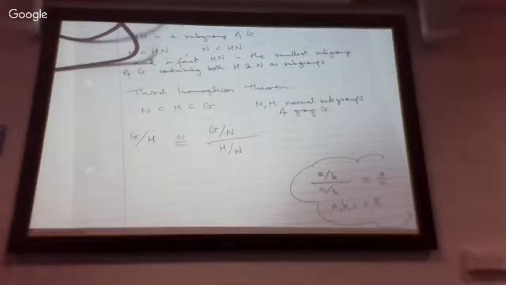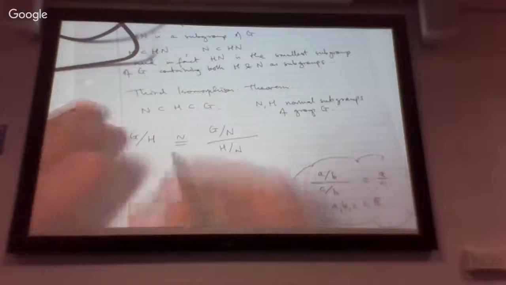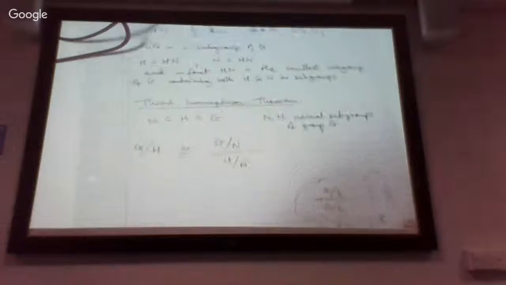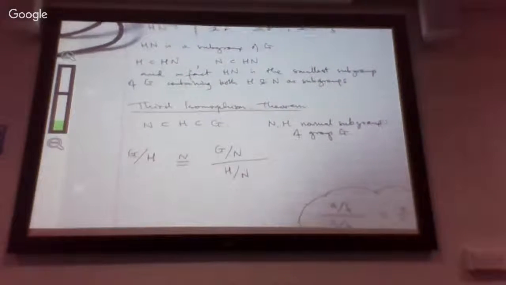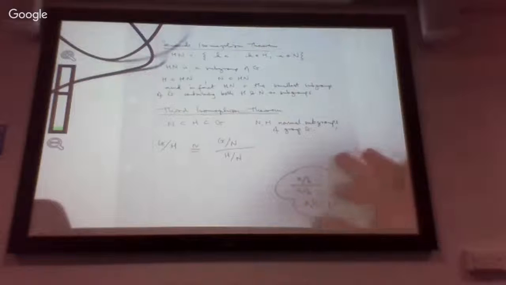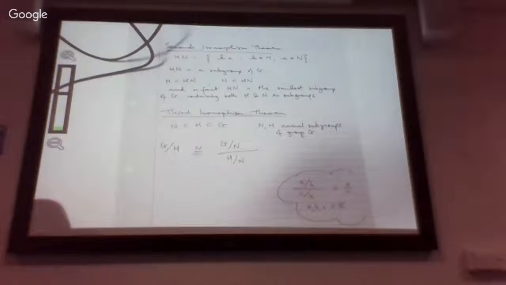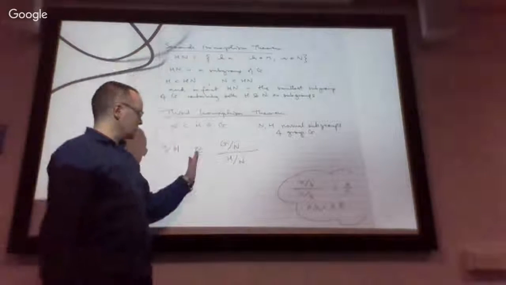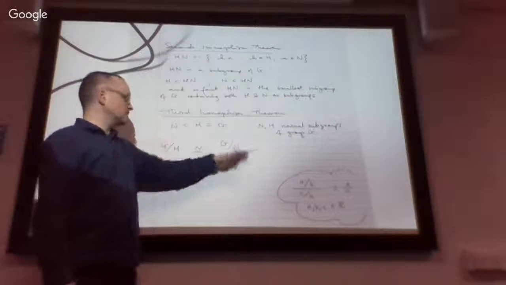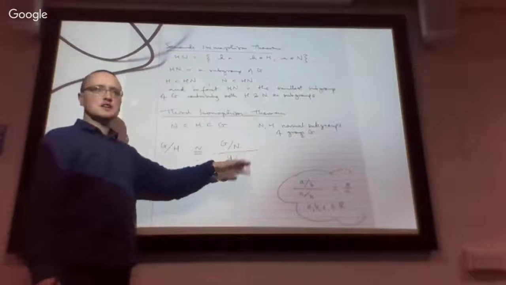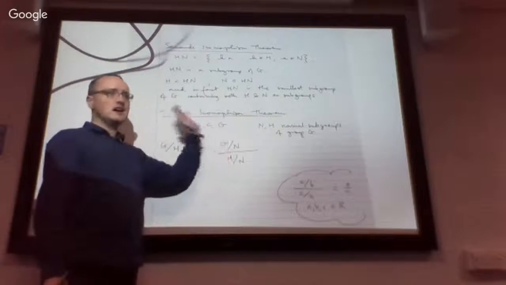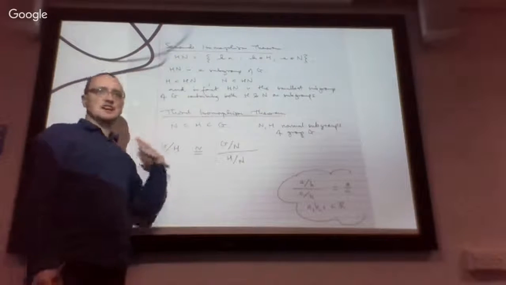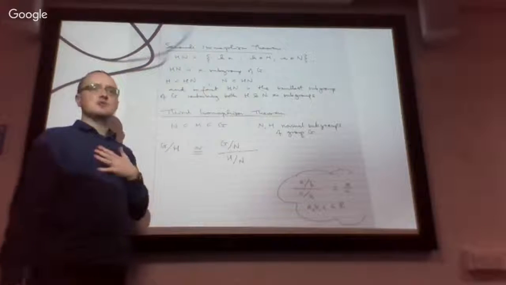Okay. So that's the third isomorphism theorem. I won't take you through all the nitty-gritty details. None of the individual details are particularly hard. You have to set up an isomorphism here, so you have to define what the map is between these objects. You have to show that it's well defined, it's injective, and it's surjective, and it satisfies the homomorphism property.